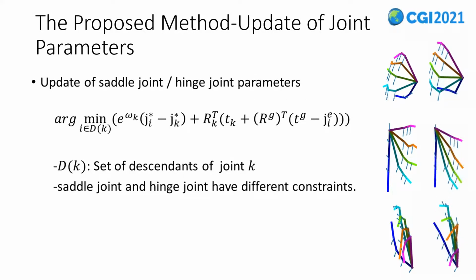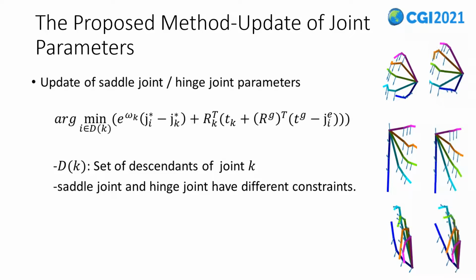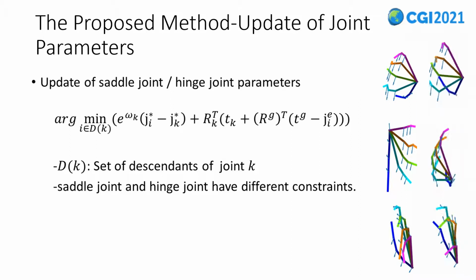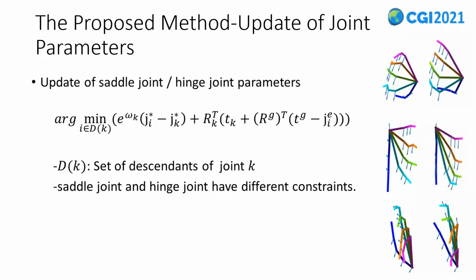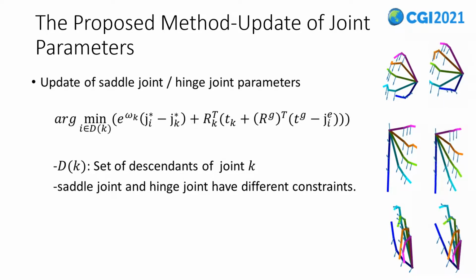After that, we update saddle and hinge joint parameters. Saddle joints are located in the second level of the kinematic chain, which are directly adjacent to the root. Updating the transformation of this kind of joints only influences the position of their descendant joints. Therefore, the optimization for joint k reduces to the below one.